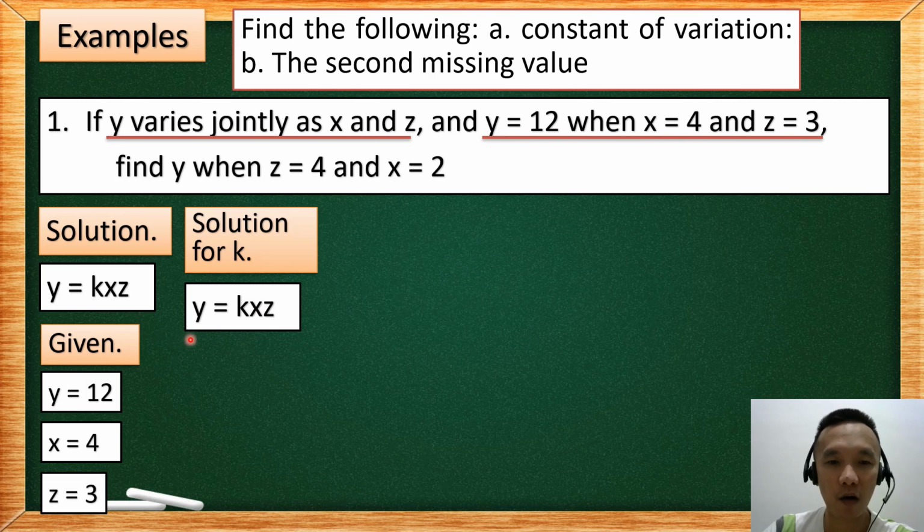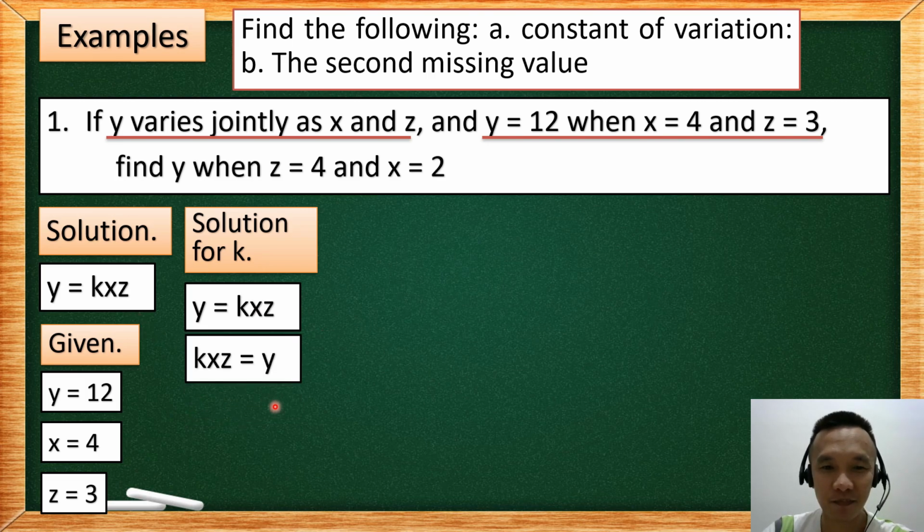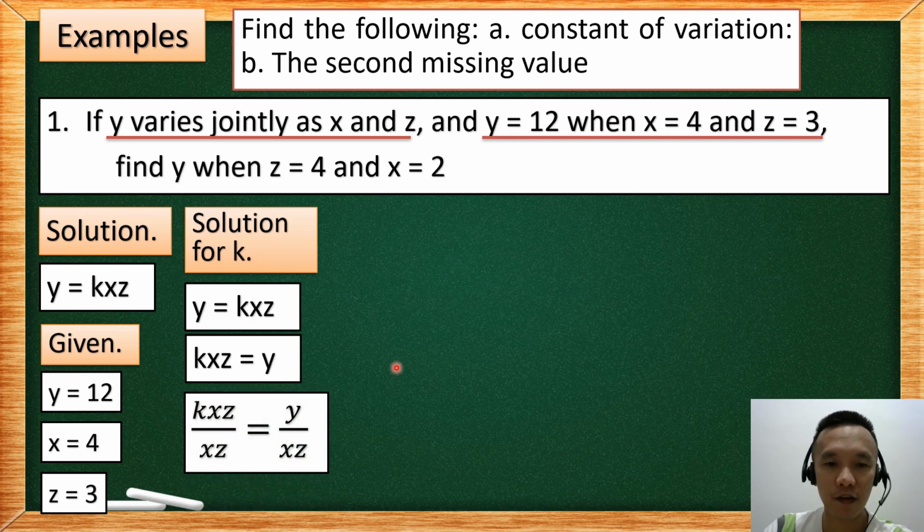So here we have our formula, and we write it like this. Since we only need the letter k, our x and z, we are going to transfer to the other side. But how are we going to do that? First, let us divide by x and z on this side.